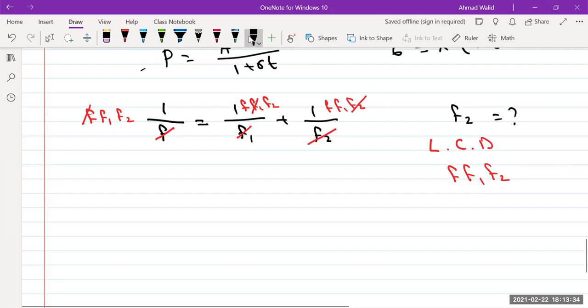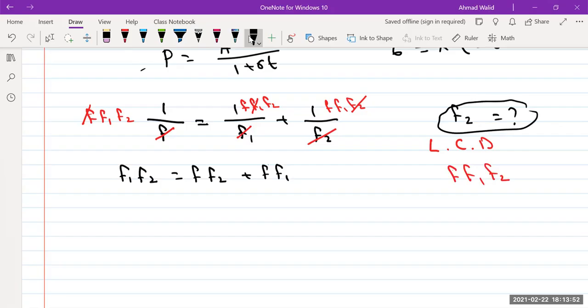And I'll end up with a very simple equation, which is F1 F2 equals F2 plus F1. Now I'm solving for F2. You see, I have F2 on this side of the equation and F2 on this side of the equation.